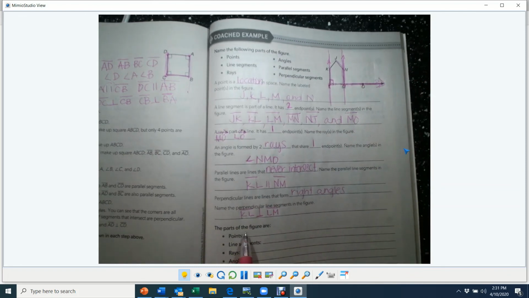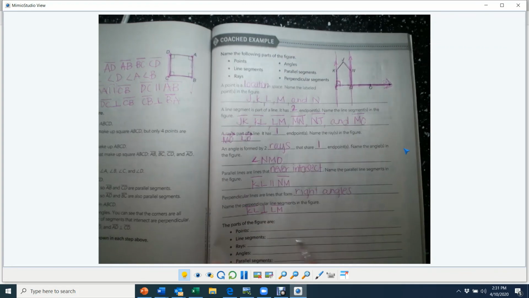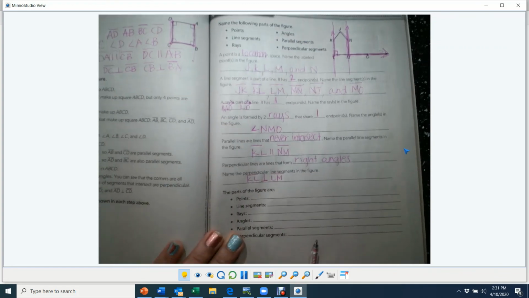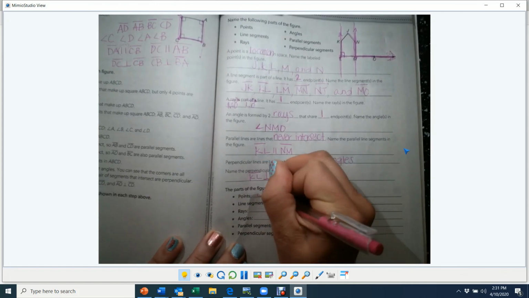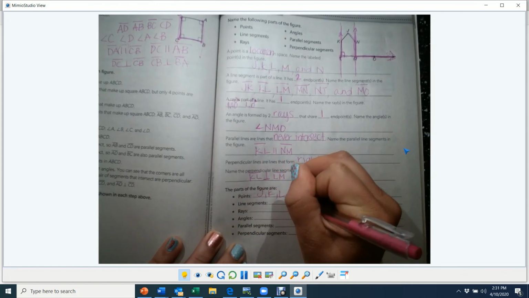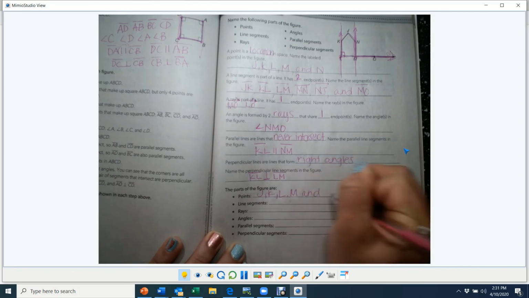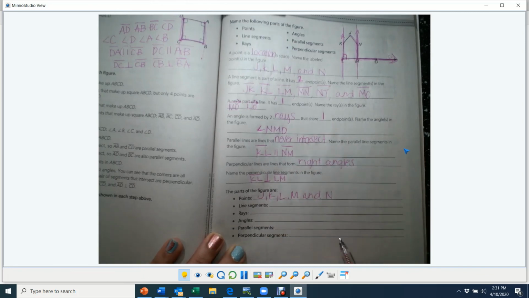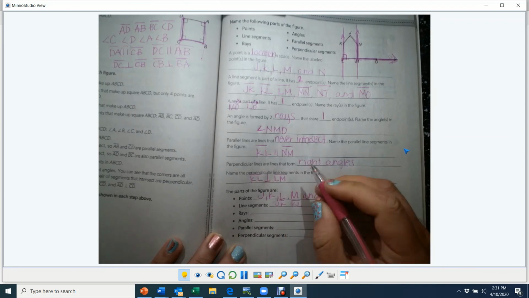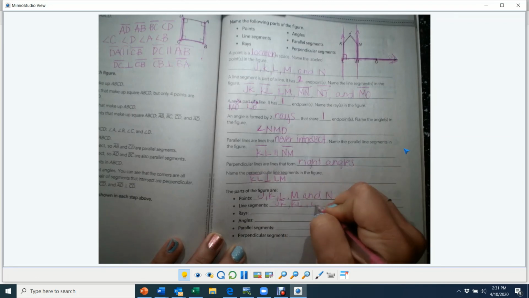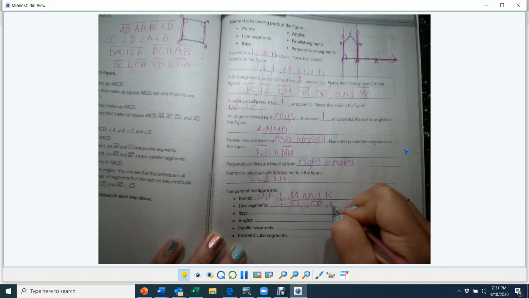All right, so the parts of a figure are, they want us to just rewrite all this up here. So our points are J, K, L, M, and N. Our line segments are JK, KL, LM, MN, NJ, and MO.